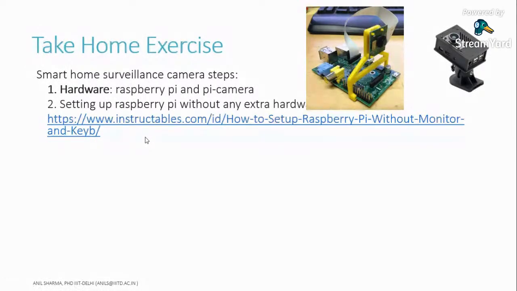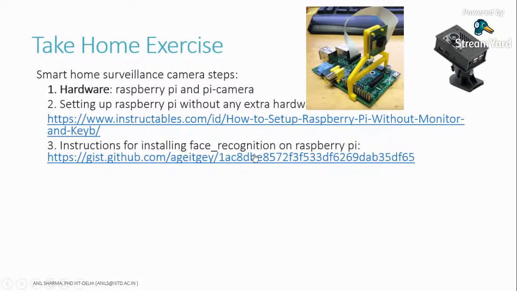Basically, Linux is running on this single board computer, the Raspberry Pi, and you can set it up and install face recognition. For installing face recognition, you can follow this link from the providers of the package. They have provided how to install it on the Raspberry Pi.